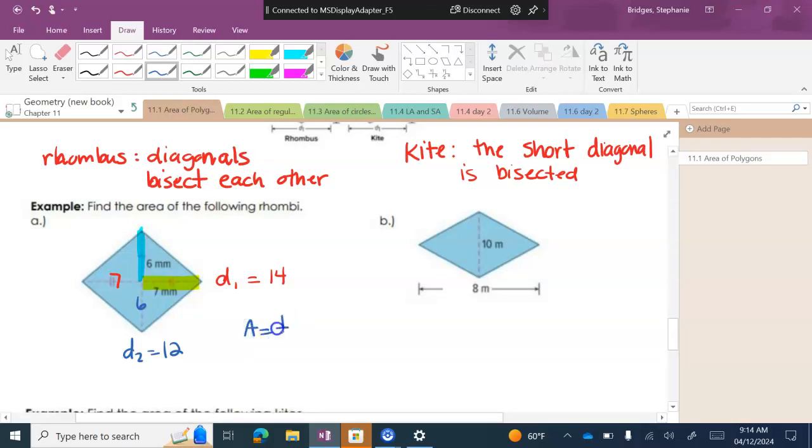It is 1/2 diagonal 1 times diagonal 2. So go to your calculator. 0.5 times 14 times 12 gives me a total area of 84 millimeters squared.